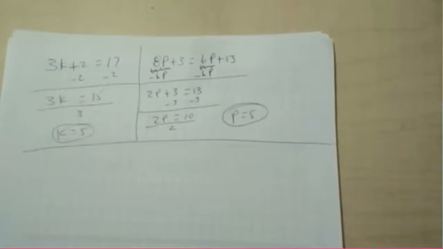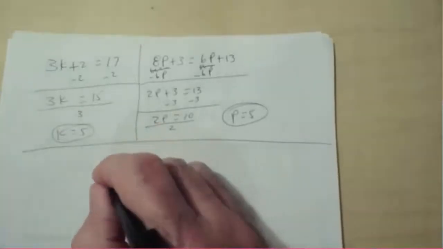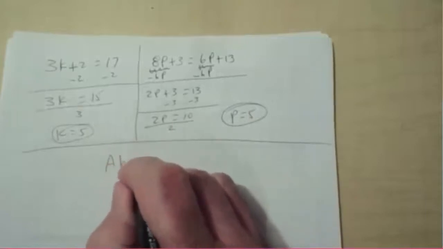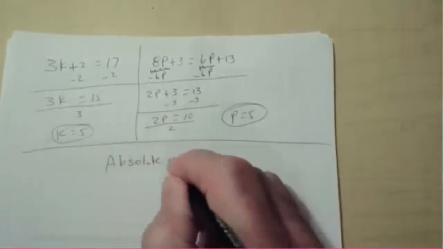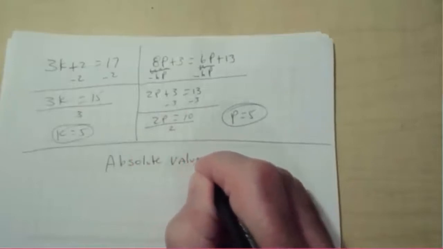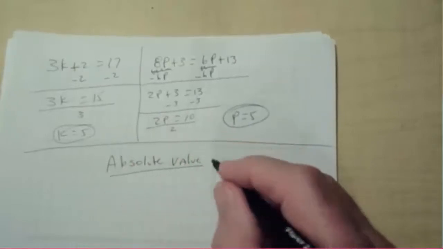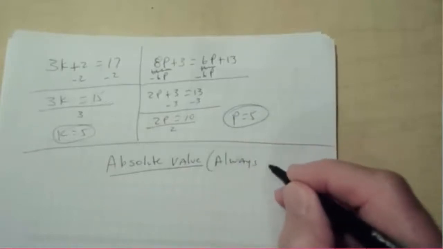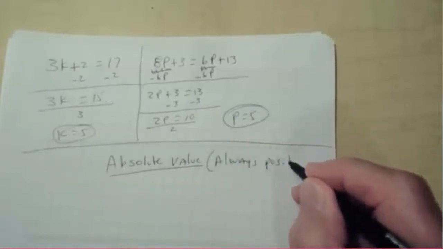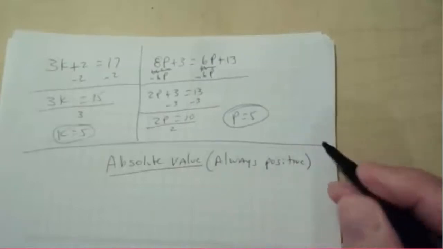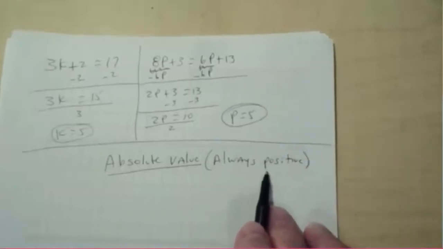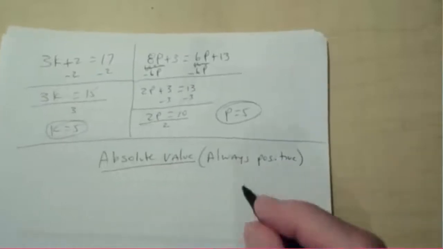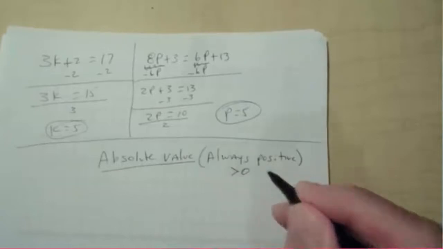Absolute value. This is the last one. Absolute value is always positive. Now you're going to see this from time to time. Positive is greater than 0.